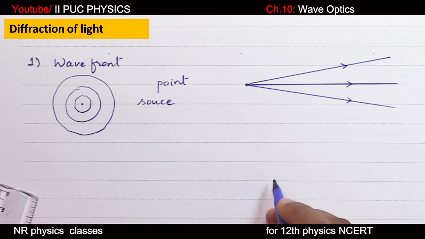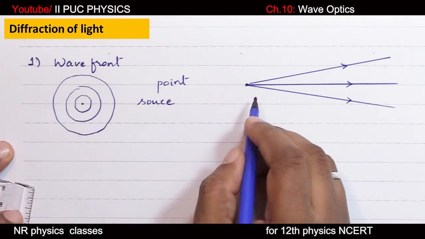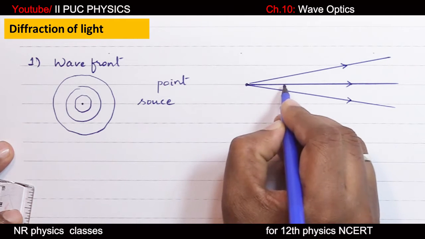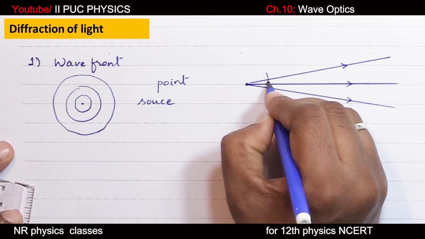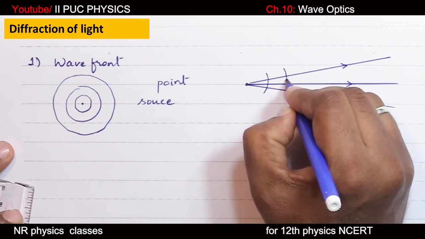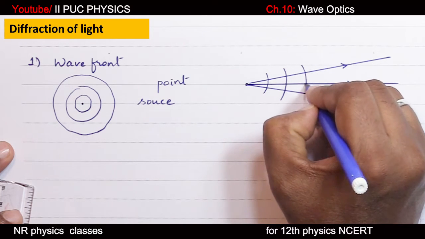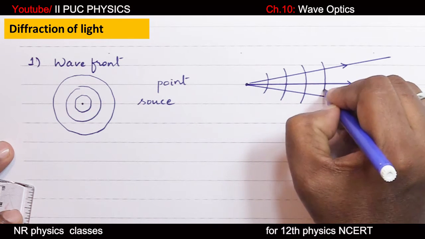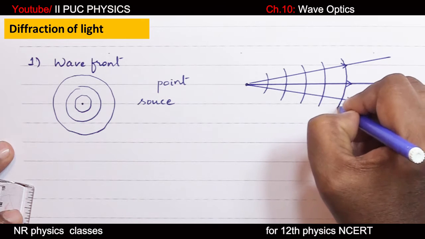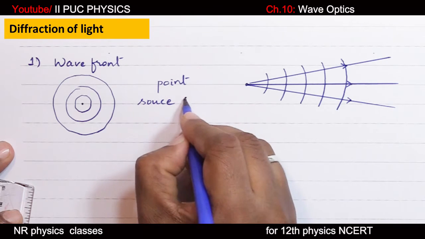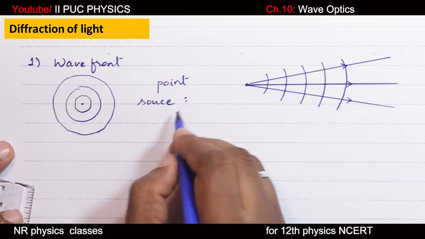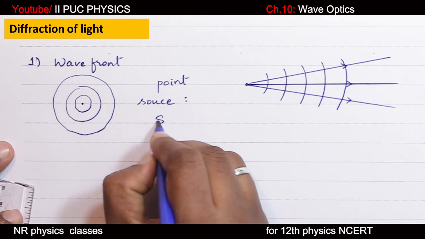Isn't it? Now, using wave optics concept, the same diverging rays should be represented by wavefronts. So these are spherical wavefronts, part of spheres. So due to point source of light, spherical wavefronts are generated.